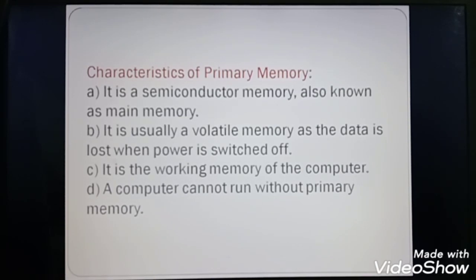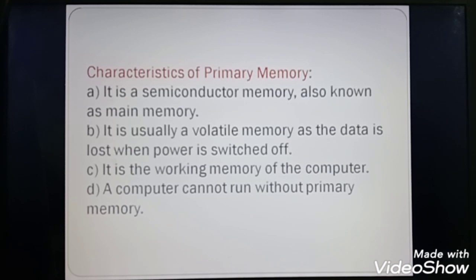Now the characteristics of primary memory, that means its features. A, it is a semiconductor memory, also known as main memory. B, it is usually a volatile memory, as the data is lost when the power is switched off. That means it's a short-term temporary memory.